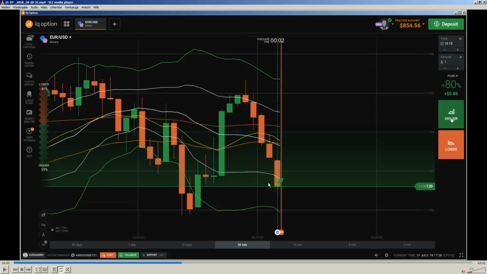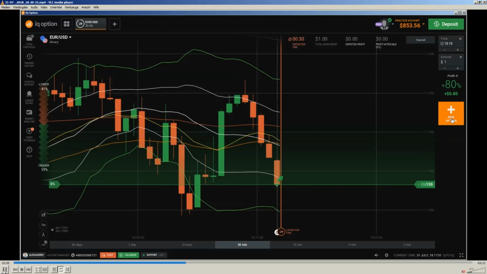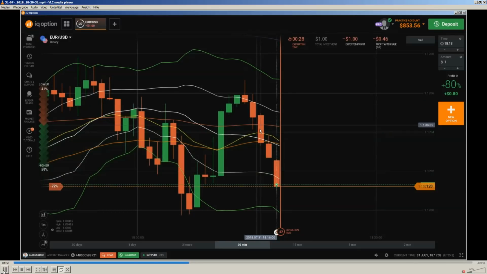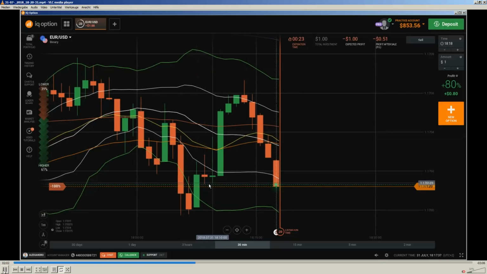That means I had to enter now, else I had to wait for the next candle to appear, because those were the last seconds to enter into a trade. And that was the reason why I entered immediately into this trade, because I understood that if not, I would miss this opportunity.